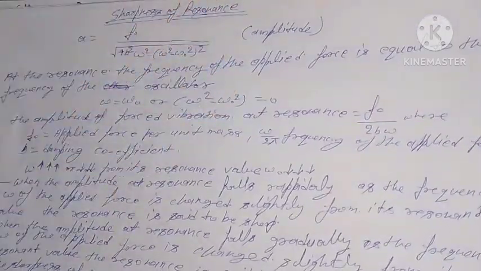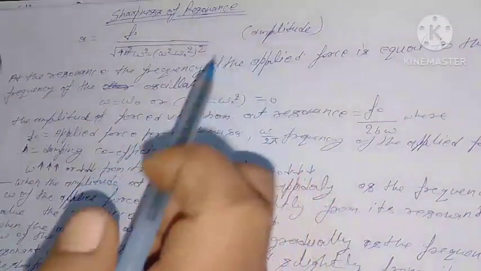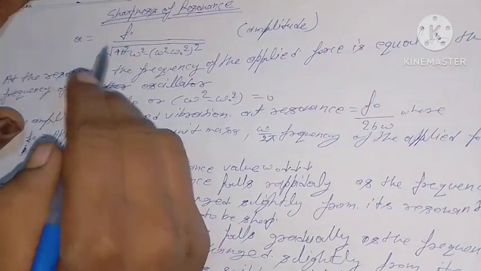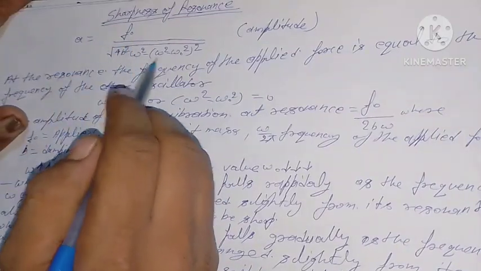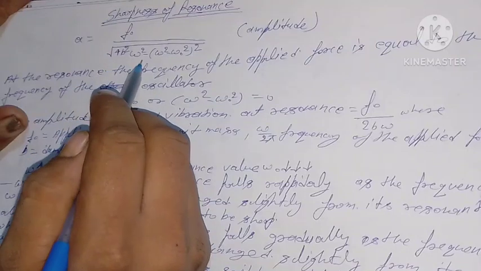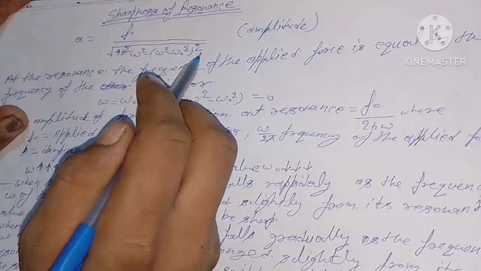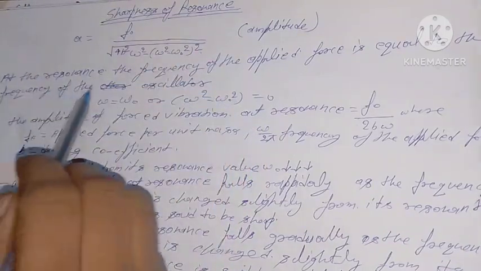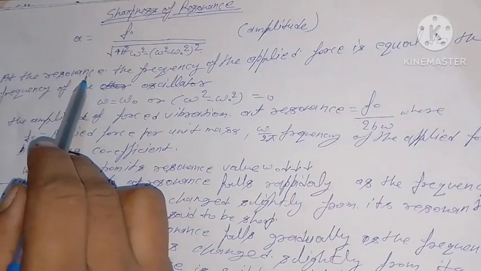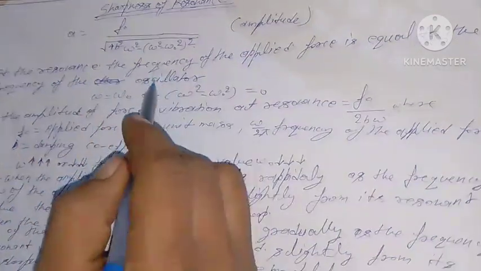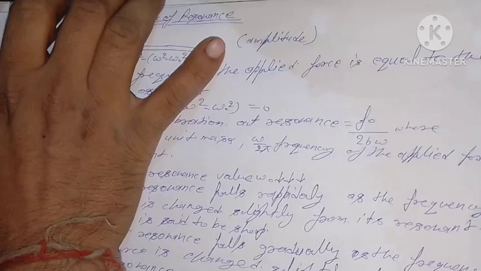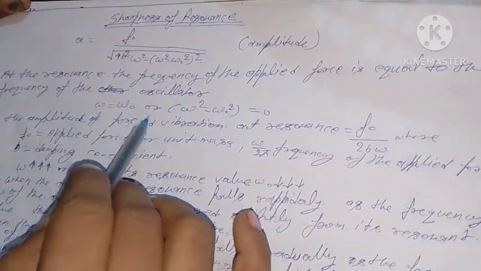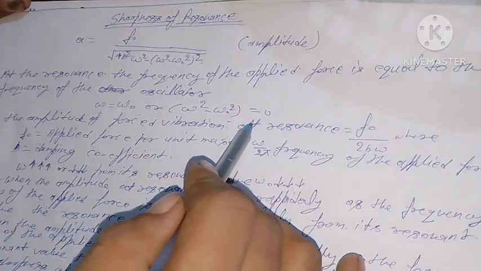Sharpness of resonance. The displacement amplitude of a forced oscillator is given by A equals F naught upon the square root of 4b squared omega squared plus (omega squared minus omega naught squared) whole squared. At resonance, the frequency of the applied force is equal to the frequency of the oscillator, then omega equals omega naught, or omega squared minus omega naught squared equals 0.